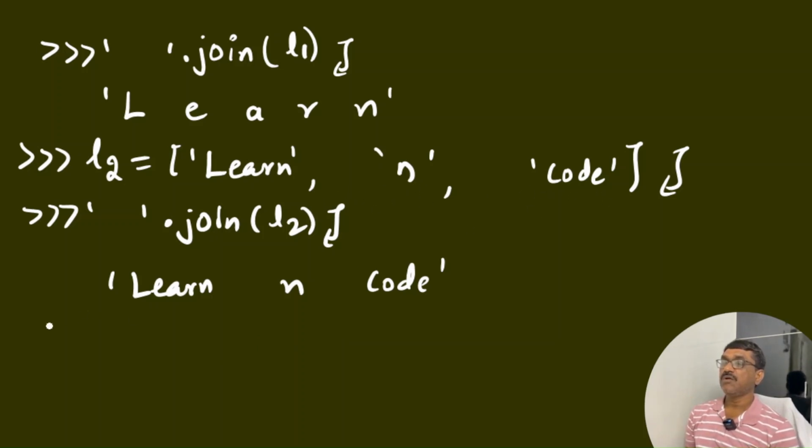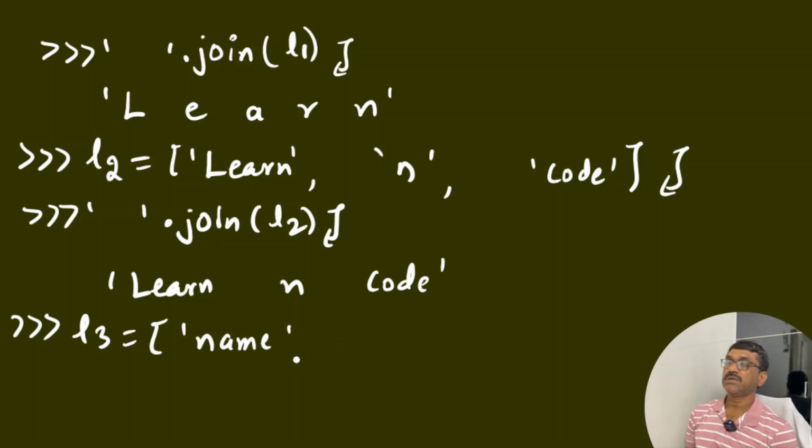Okay. Now, if you take another example, L3 equals to, here I'm writing in single quotes, name, comma, name of, comma, a, comma, person.